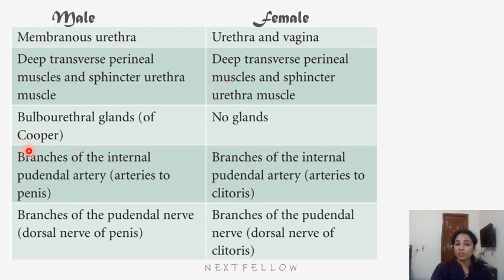Bulbourethral glands or glands of Cowper are present in deep perineal pouch in males, no glands in females. And branches of internal pudendal artery, artery of penis, and the same thing, artery of clitoris, then branches of pudendal nerve, dorsal nerve of penis, dorsal nerve of clitoris in females. So these are the contents of deep perineal pouch in males and in females.